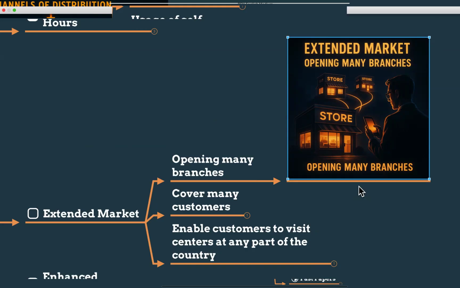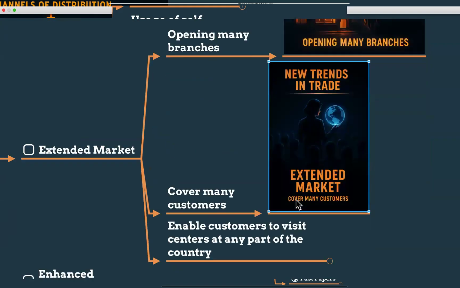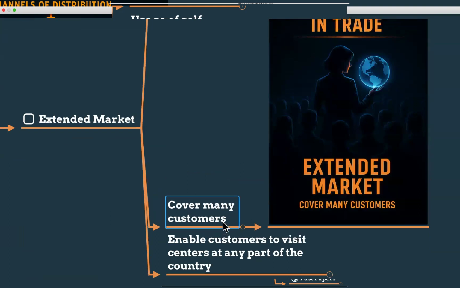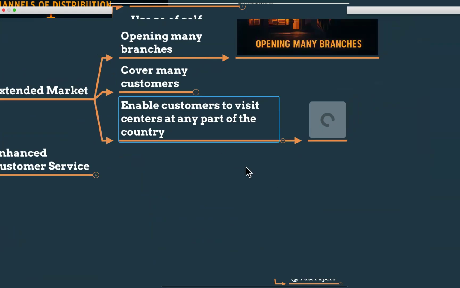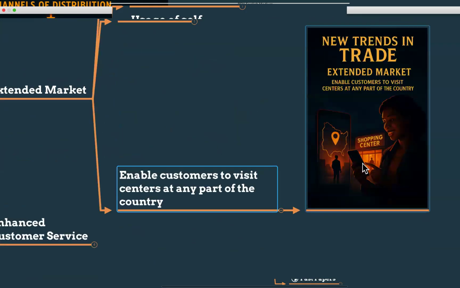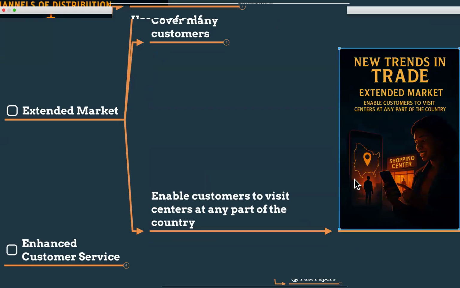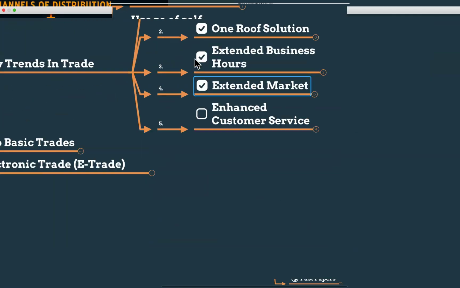They have branches island wide, my dears. Extended market, and they cover many customers in different areas. They cover customers in rural areas, urban areas, different demographics. So they are trying to reach the maximum and enable customers to visit the centers in any part of the country. That is extended market, maximum reach. They are opening many branches. So that is extended market, that is also a trend.